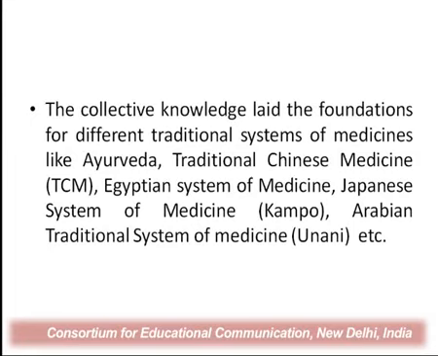This knowledge was totally empirical, on an experienced basis, and it laid the foundation of different systems, that is Ayurveda, which is our traditional system of medicine. Similarly, other traditional systems of medicine include traditional Chinese medicine, the Egyptian system of medicine, the Japanese system of medicine, also known as Kampo, and the Arabian traditional system of medicine, that is Unani.